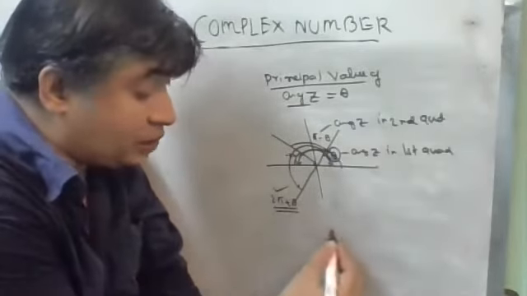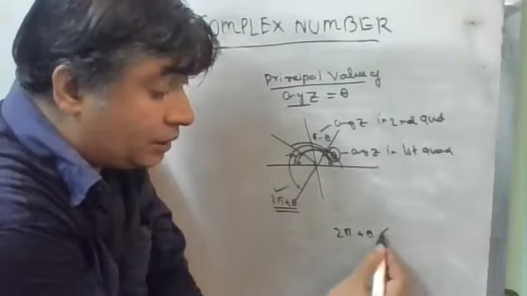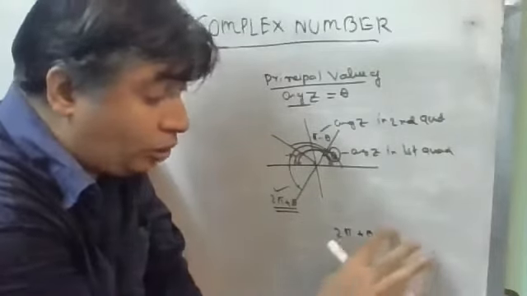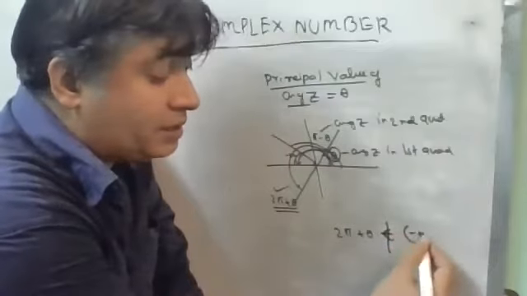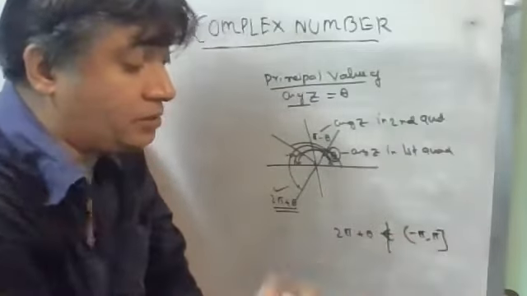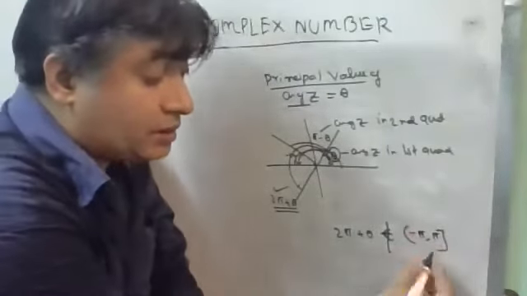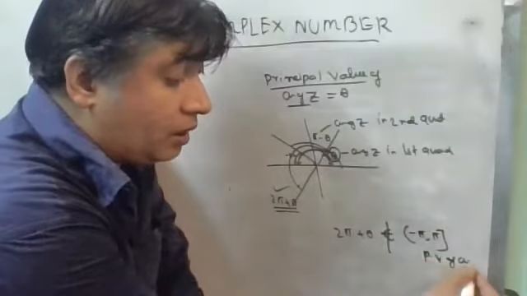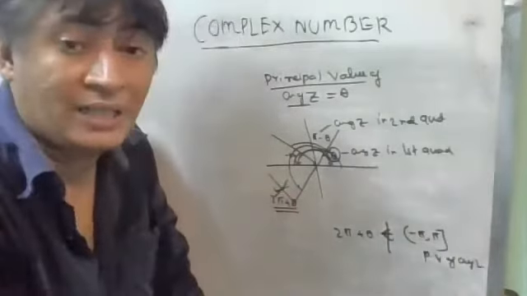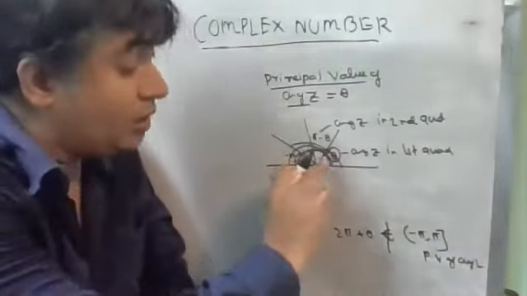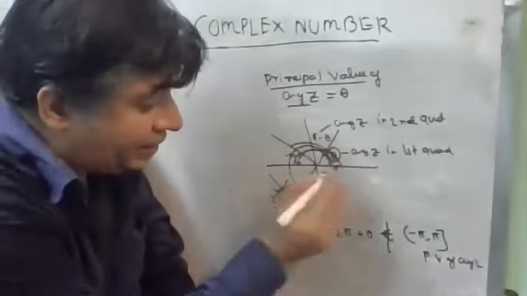But this 2 pi plus theta does not belong to that interval, minus pi to pi. This is the principal value of arg z. So this is not the arg z in the third quadrant. Then how to find it?